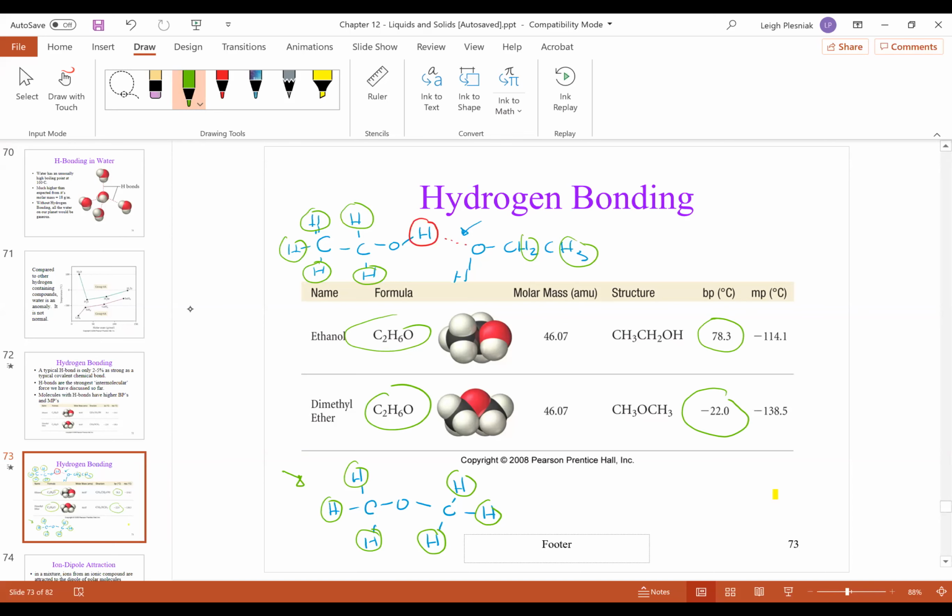It's just because of the intermolecular forces that they each have. Dimethyl ether is going to have dispersion and dipole-dipole, but the dipoles aren't very strong. Ethanol has dispersion, dipole-dipole, but most importantly, hydrogen bonding increases the boiling point.